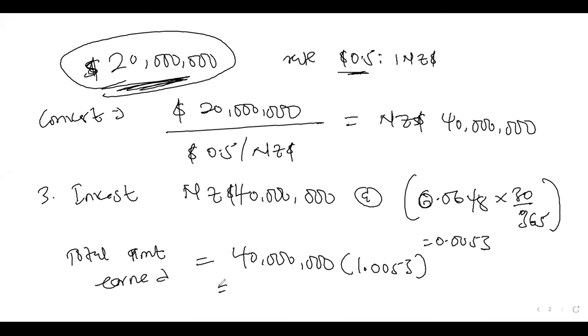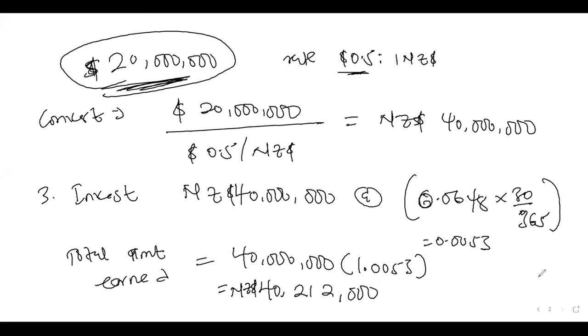So when you do this, 40 million times 1.0053, we are going to get 40,212,000 New Zealand dollars. Now, at the end of the day, you have to bring this money back to US and pay back your loan.